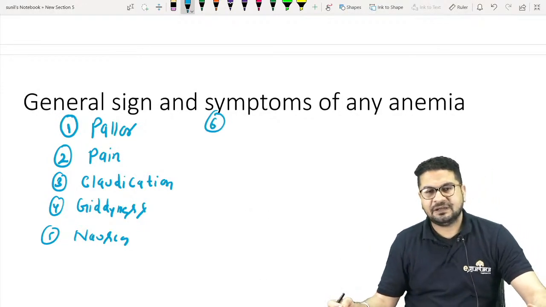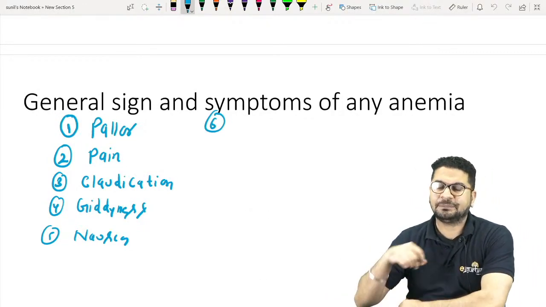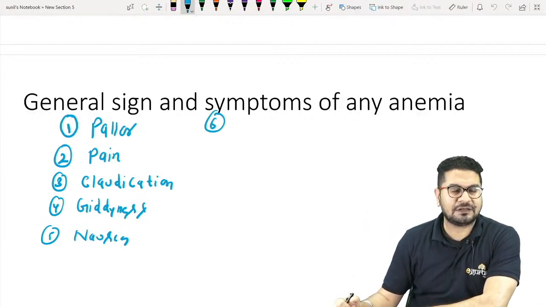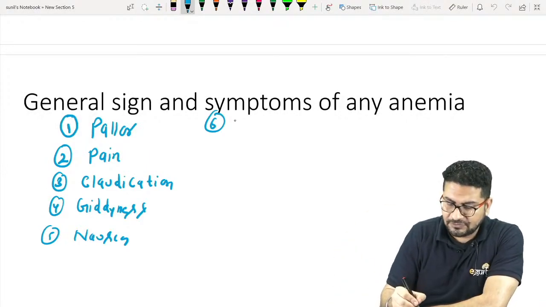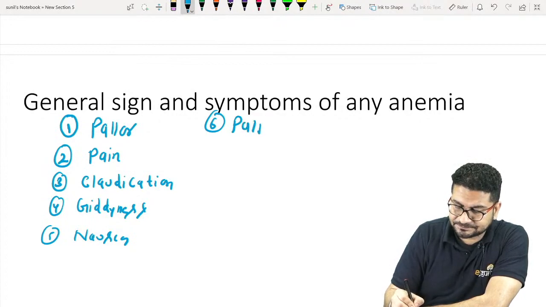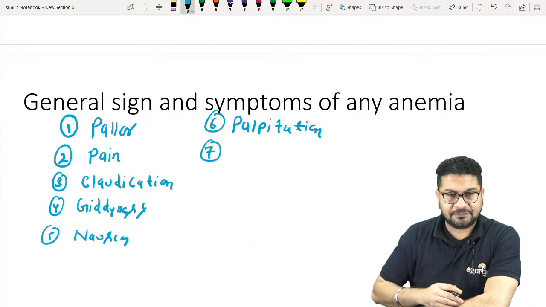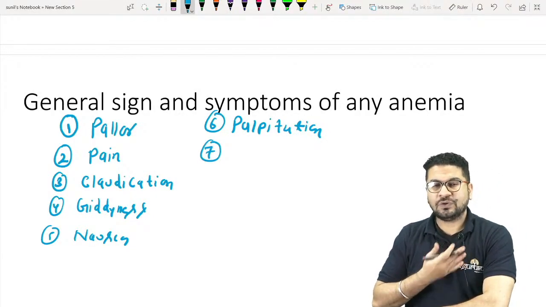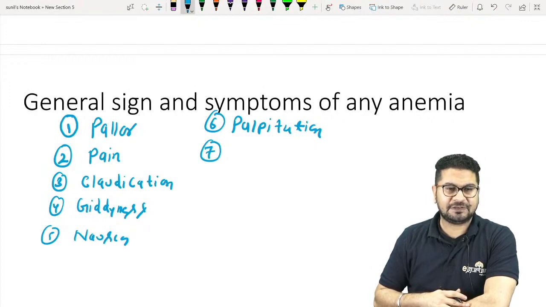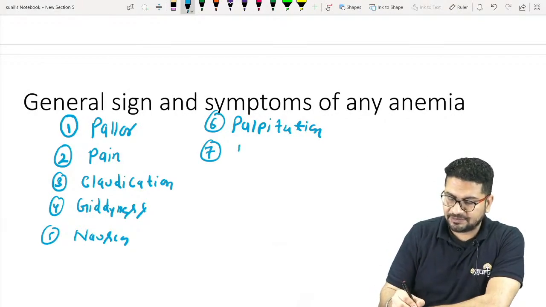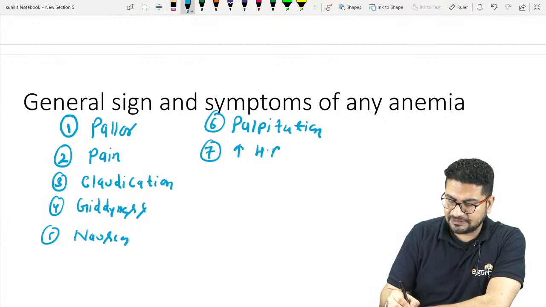Because of anemia, there is hyperdynamic circulation. Your heart is trying to beat faster. So patient can develop palpitation. Palpitation is a feeling of your own heartbeat. There can be an increase in heart rate, that is tachycardia.